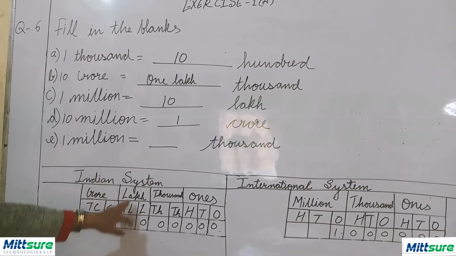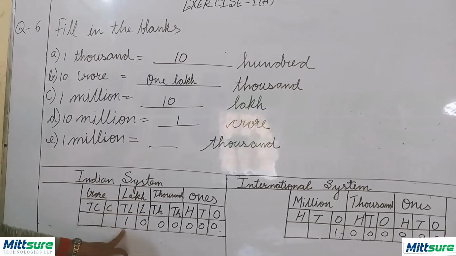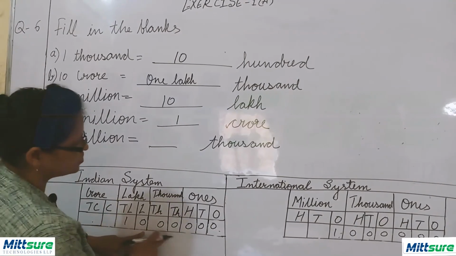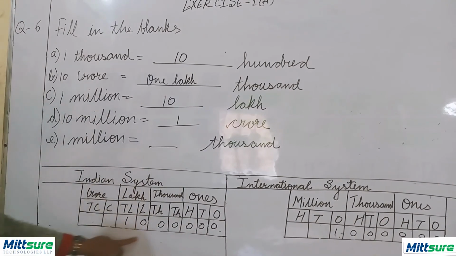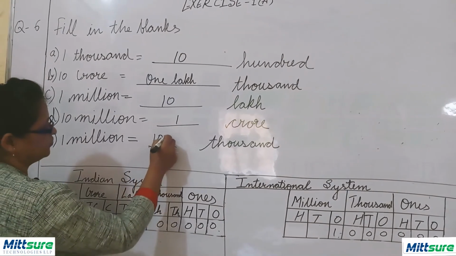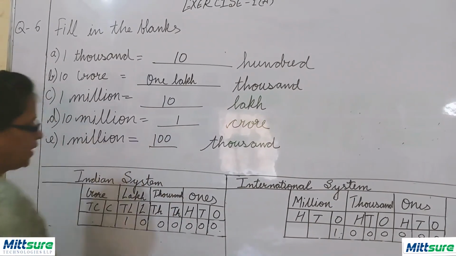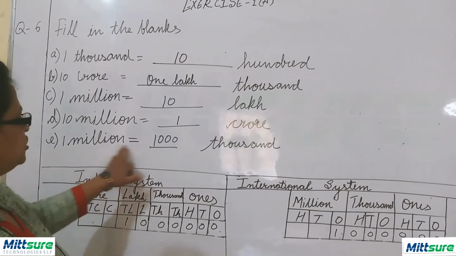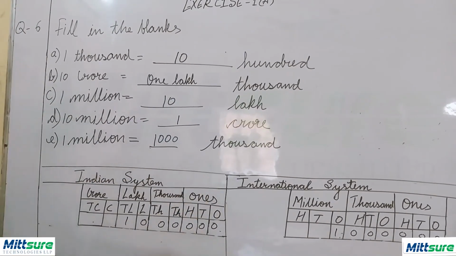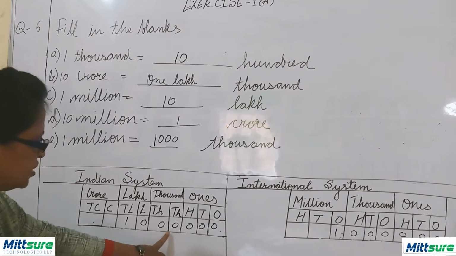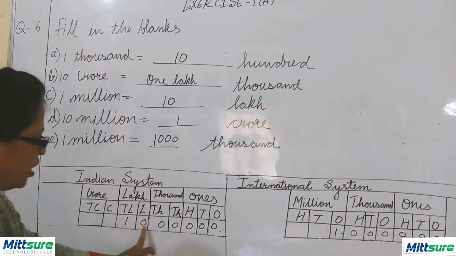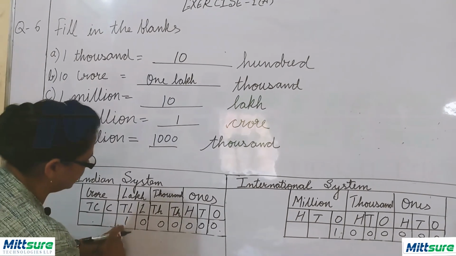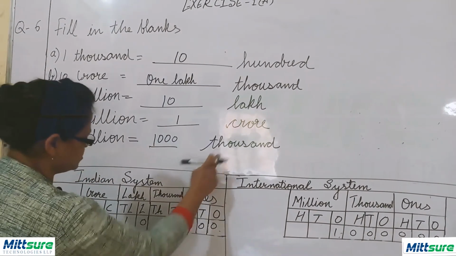And we see that it is 10 lakh, and it asks about thousand, so it will be 1,000. See, it's ones, tens, hundreds, and this is 1,000. So this place will be included in the thousands.